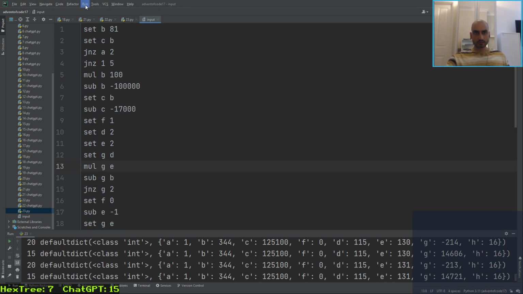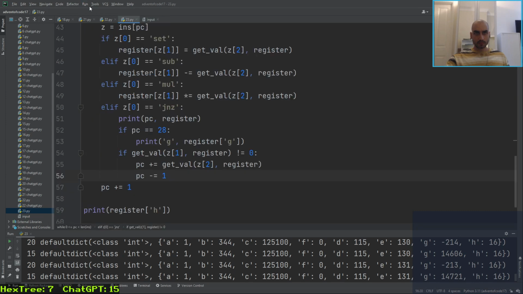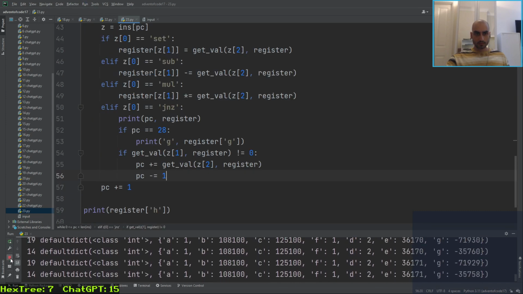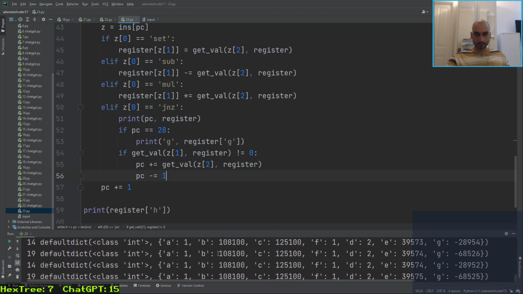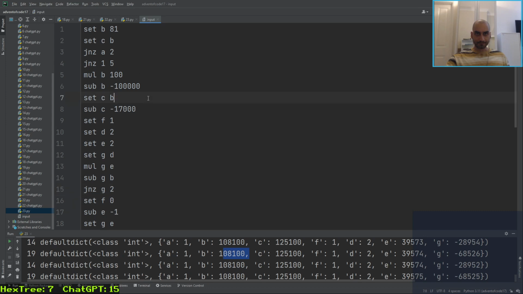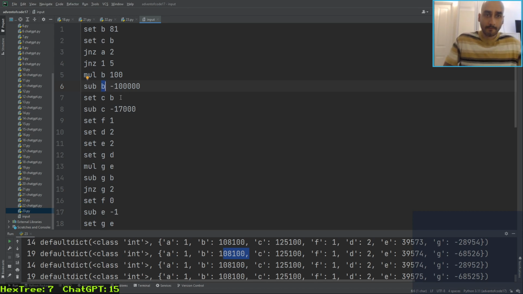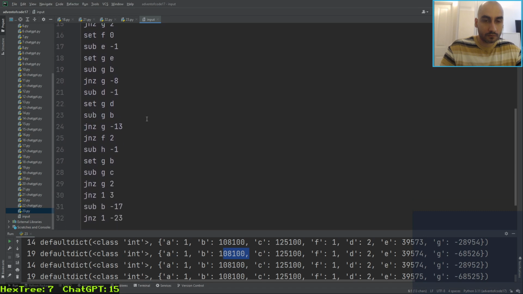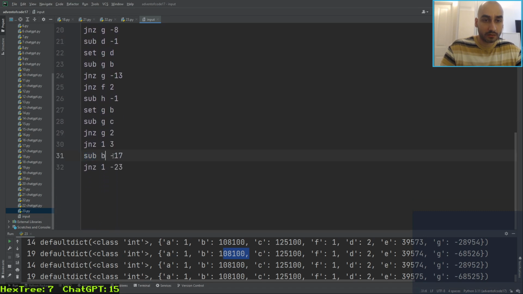Have another look at this. So B is 108, 100, okay. The only time B ever gets modified is, I mean, here, but then that happens once only. Here, B subtract minus 17, so B adds 17. Ah, so B can never be 4.